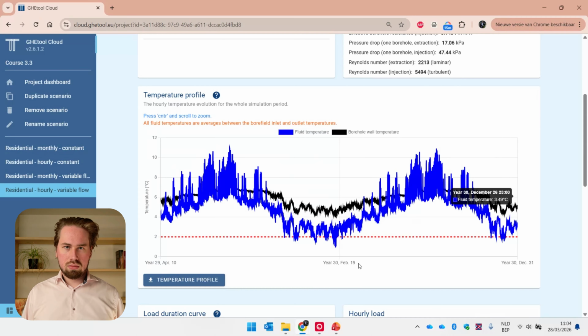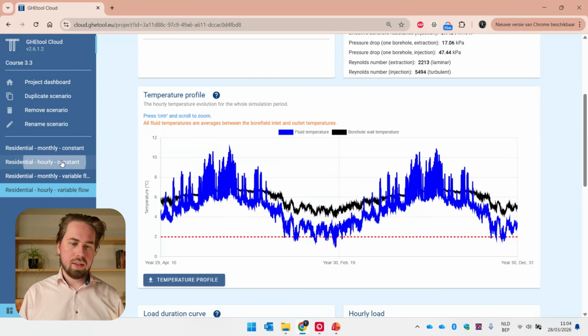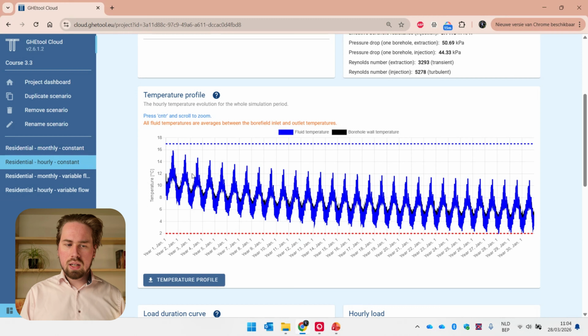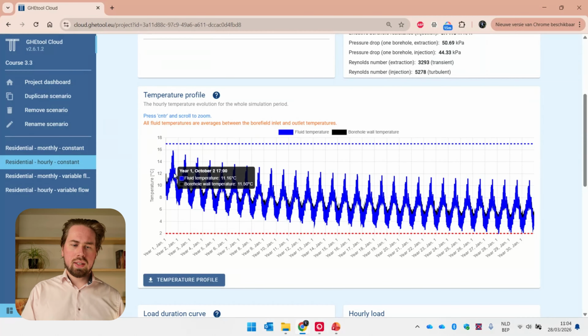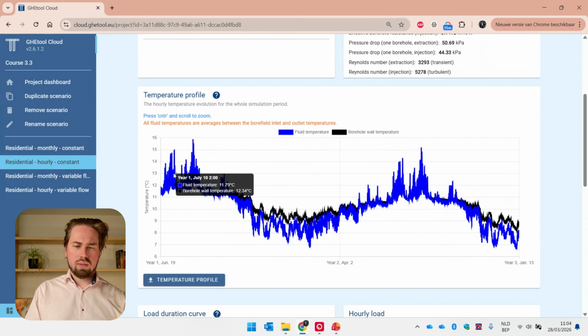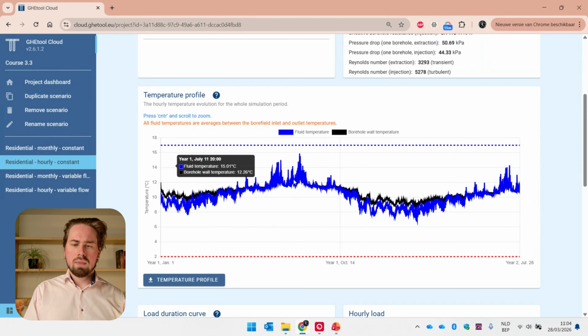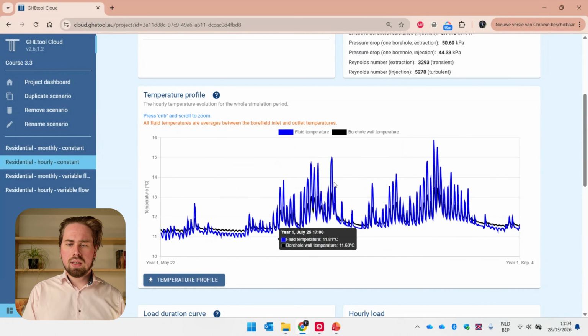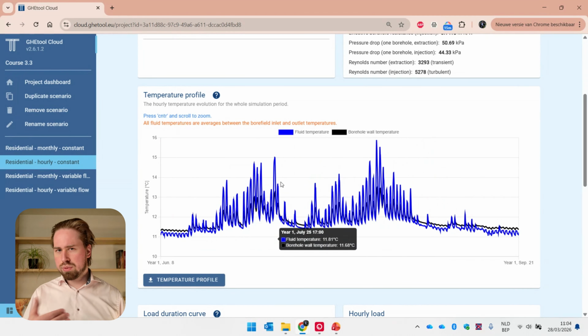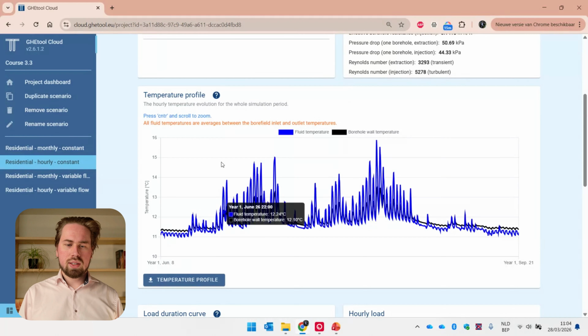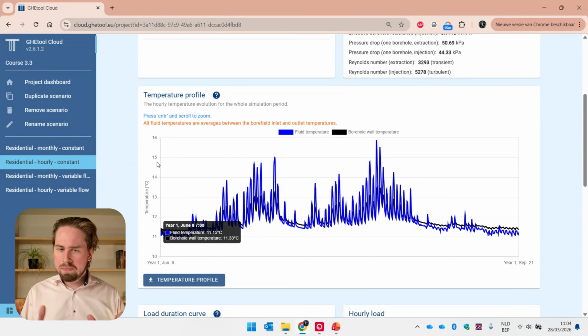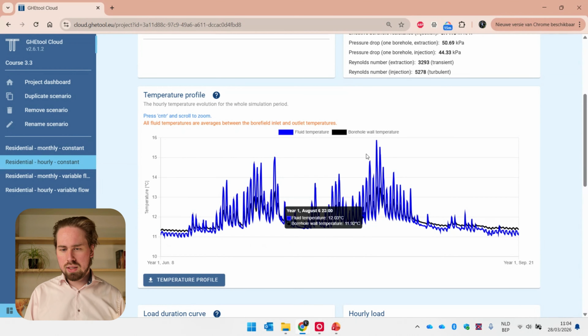Now another thing one might think about is that we risk having wrong insights with the maximum temperature. So if we now go back to the constant flow rate and let us zoom in at the first year in summer. Again, we know that it's not critical at the moment and we stay away from the 17 degrees limit, but let's assume for a second that it was at 15 degrees.